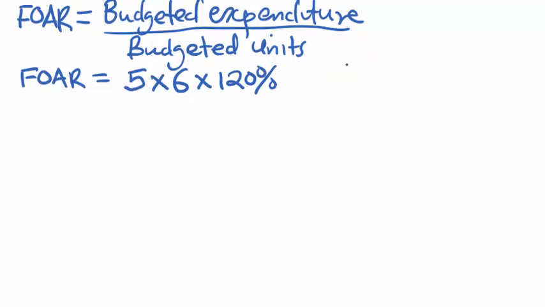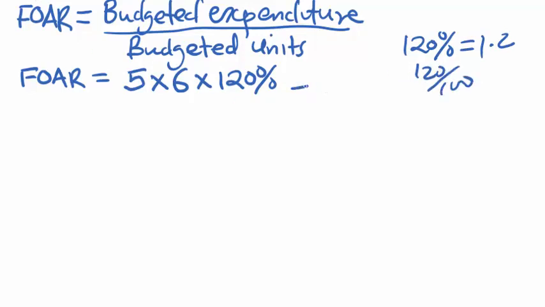Now 120% is just 1.2, because this is 120 over 100. On the calculator, 5 multiplied by 6 gives you 30, and 30 multiplied by 1.2 gives you 36. The fixed overhead absorption rate in that question is 36.